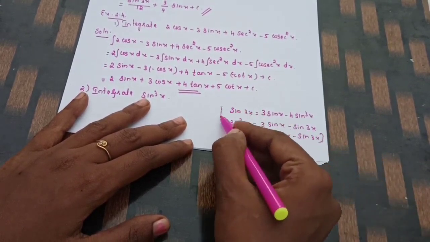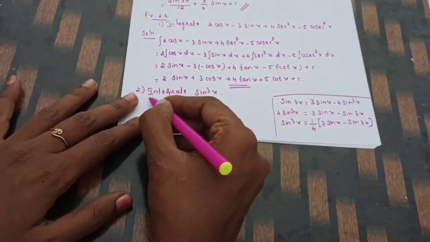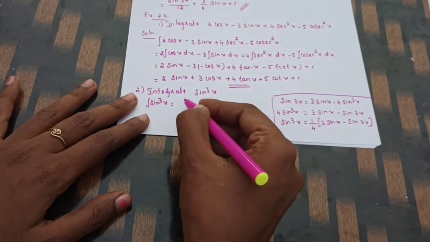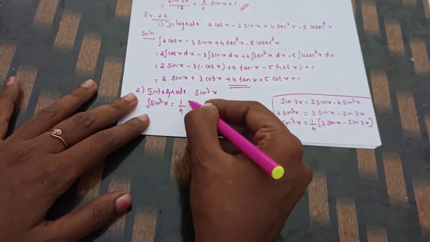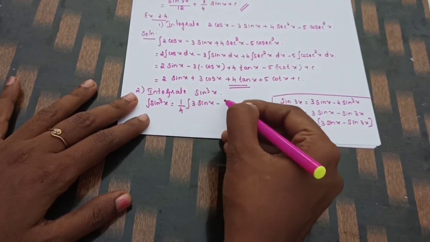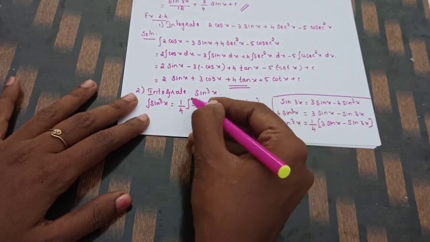So this is a formula. Then you can do it easier. How will you do? The integration of sin cube x is equal to, substituting using the formula, 1 by 4 into integral of 3 sin x minus sin 3x dx.